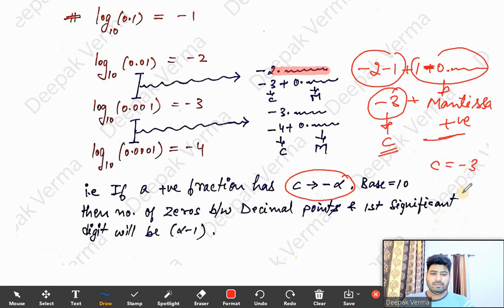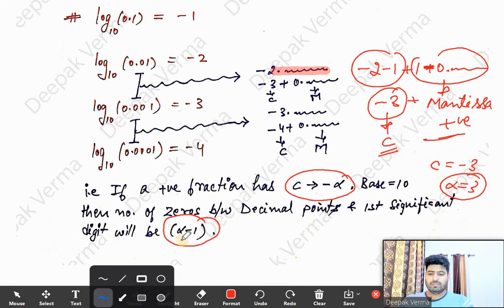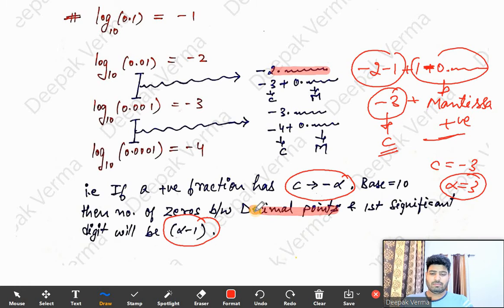Minus 3, means alpha is what? 3. Then the number of zeros between the decimal point and the first significant digit will be alpha minus 1. So here 3 minus 1, that is 2. So there will be 2 zeros.